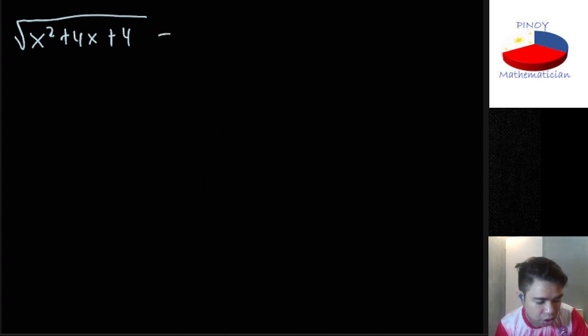So it's like this: the square root of x squared plus 4x plus 4 equals x squared plus 5x plus 5.